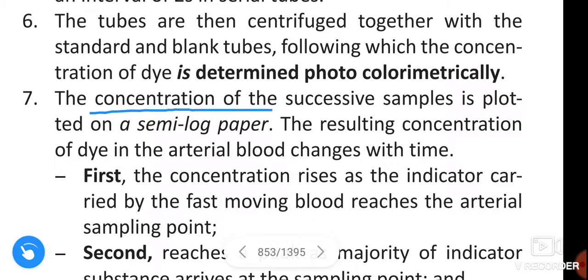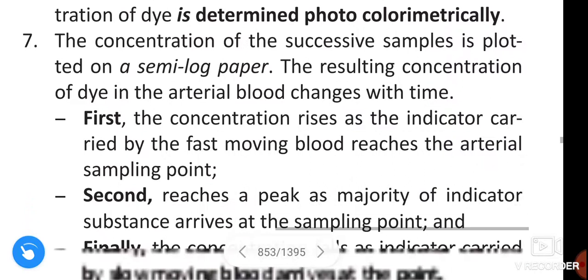The concentration of the successive samples is plotted on a semi-log paper. The resulting concentration of the dye in the arterial blood changes with time.